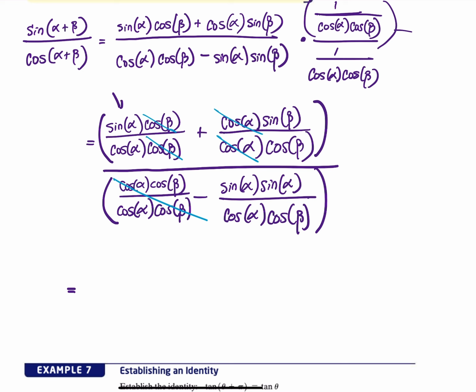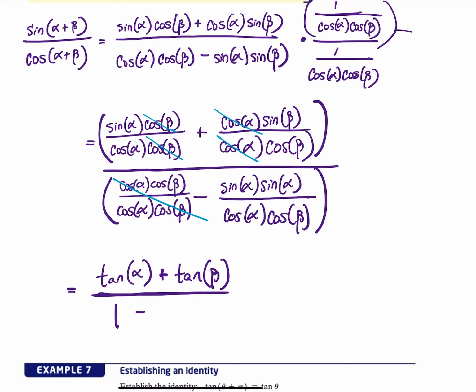So up here, sine alpha over cosine alpha gives us the tangent of alpha. Our second term, sine beta over cosine beta, will give us the tangent of beta. Then on the denominator, the first term reduces to 1.